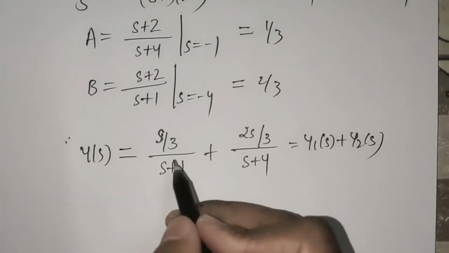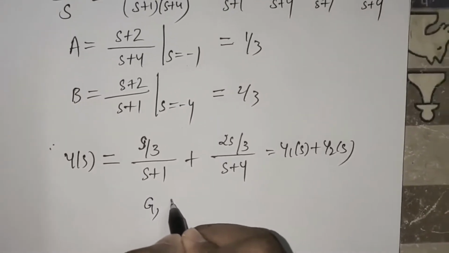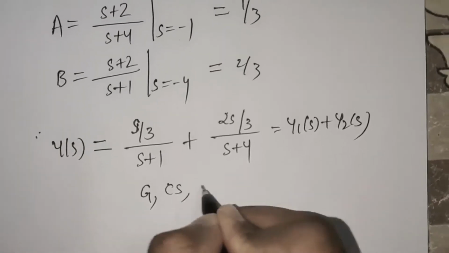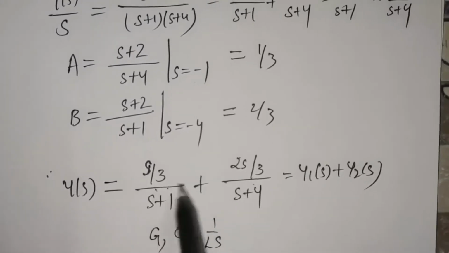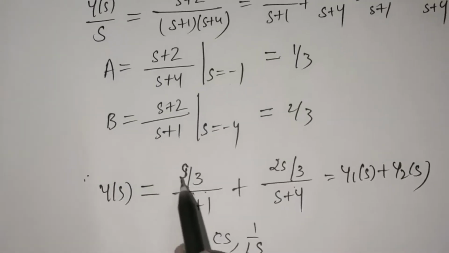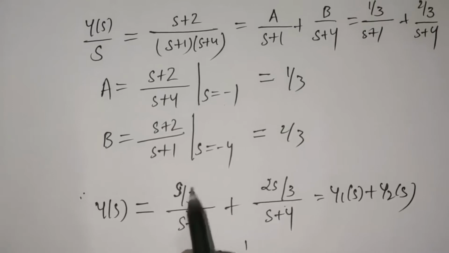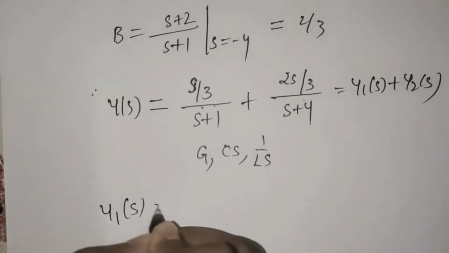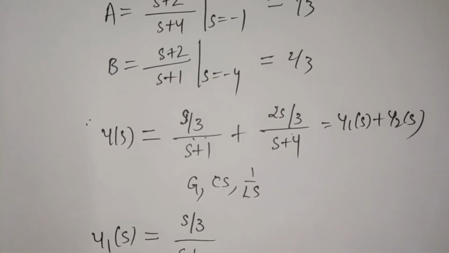So these two terms are neither in the form of G, neither in the form of Cs, nor in the form of 1 by Ls. So that means these two terms individually are parallel combination of R and C. So in such case we have to consider Y1 of s, which is s by 3 by s plus 1.